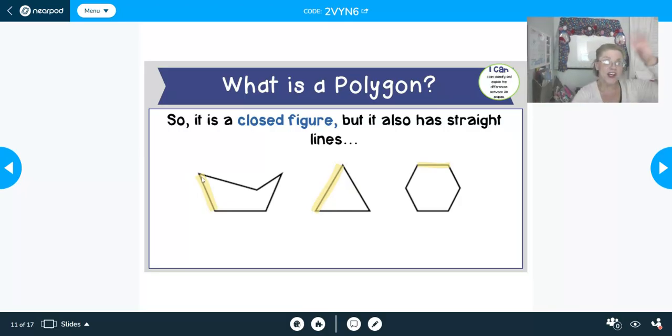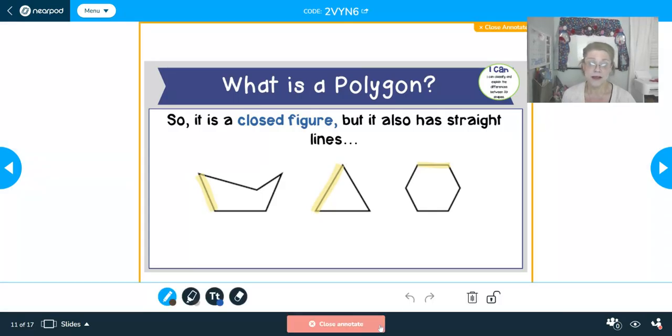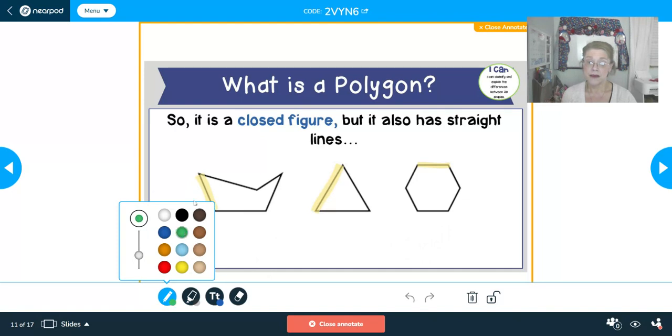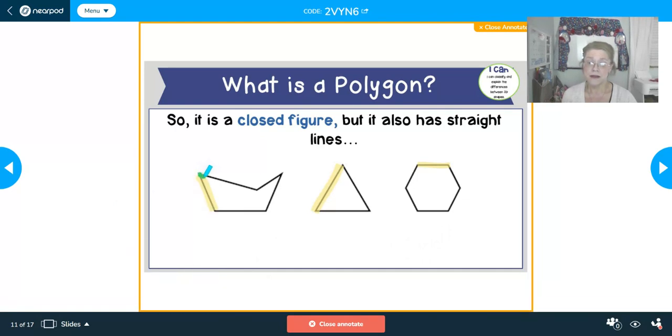There can't be any curvy, hands in the air, free ride, dips and turns and zips and zabs. It has to be straight lines. Just like these right here. All of these shapes from the first set were made of straight lines.